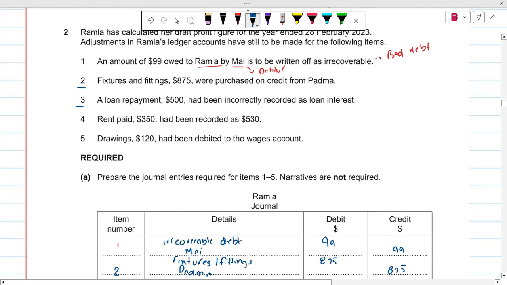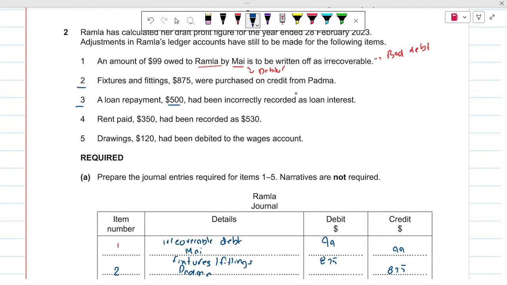A loan repayment of $500 had been incorrectly recorded as loan interest. So basically, we paid the loan, but we recorded it as loan interest. So what we have to do is credit the loan interest, because we mistakenly added this 500 into the expenses.